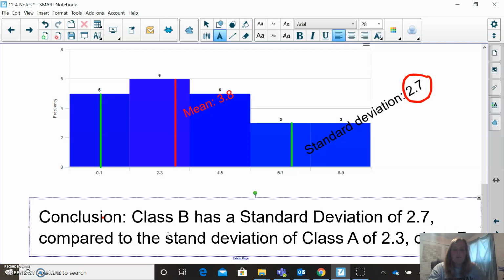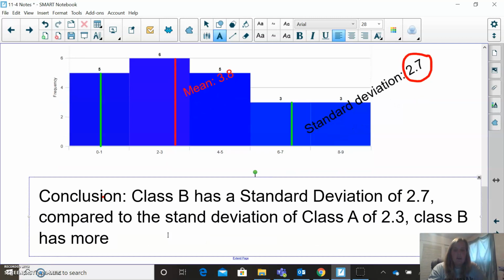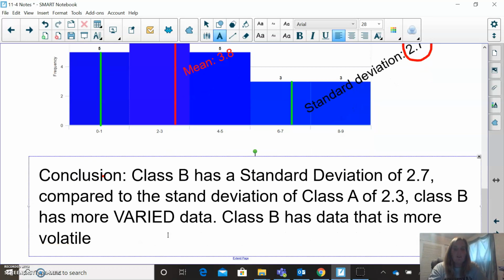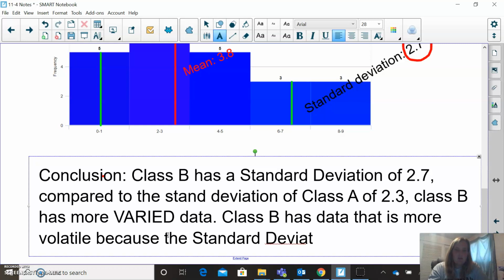Class B has more varied data. Class B has data that is more volatile because the standard deviation is higher.